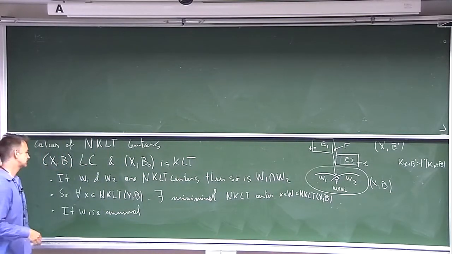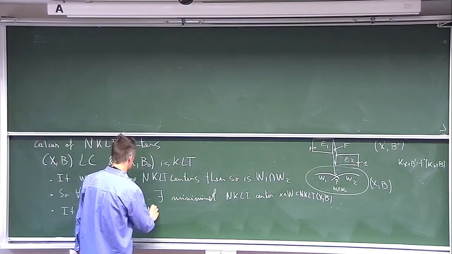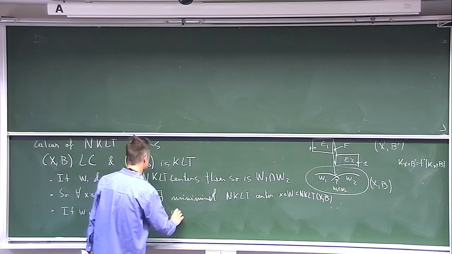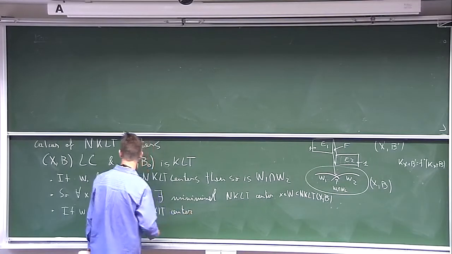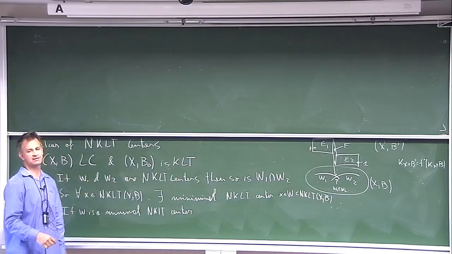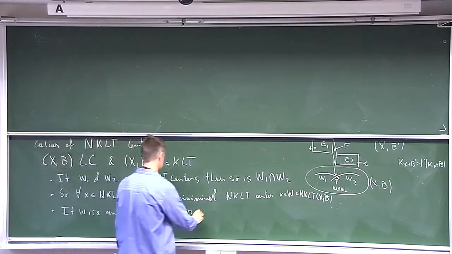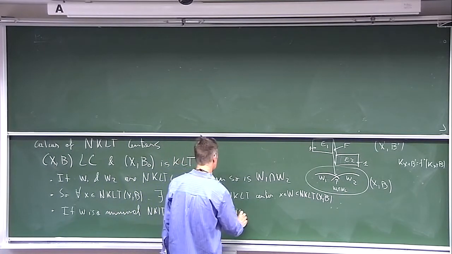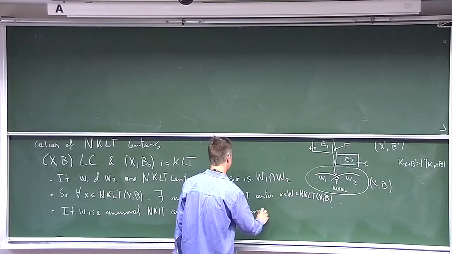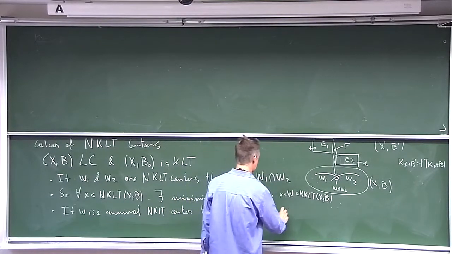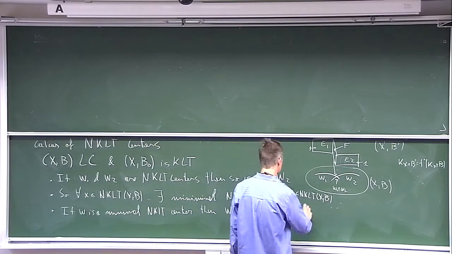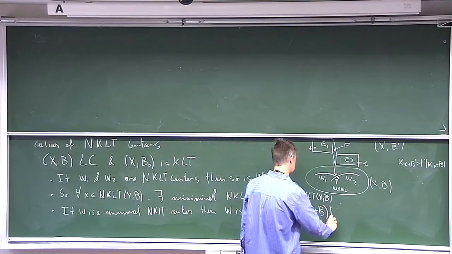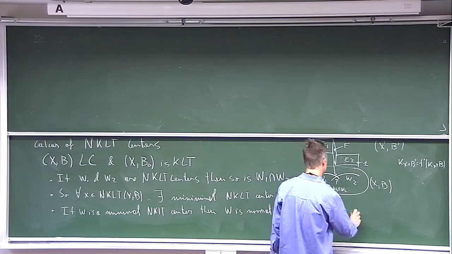If W is a minimal non-KLT center, let's say it's just minimal at each of its points, then W is normal, and (K_X + B) restricted to W is nice.